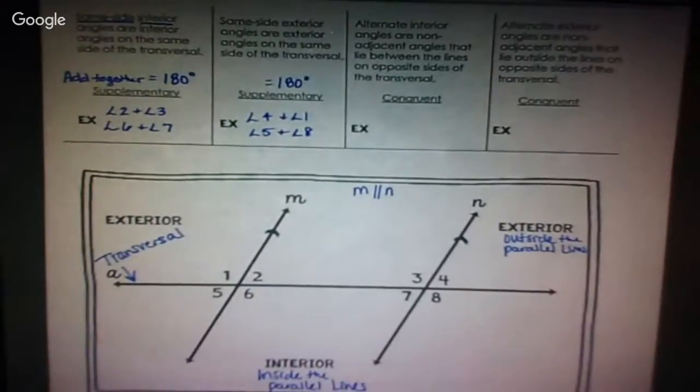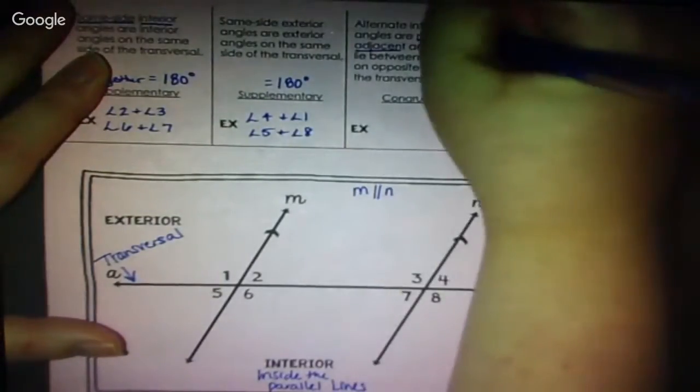Alternate interior angles. Hold on. Read the full definition with me. They are non-adjacent interior angles. 2 and 7. If they're non-adjacent, that means they cannot be side by side. Not side by side.